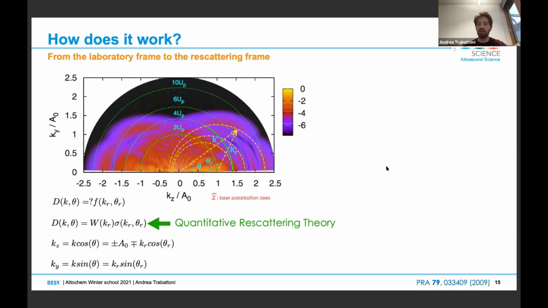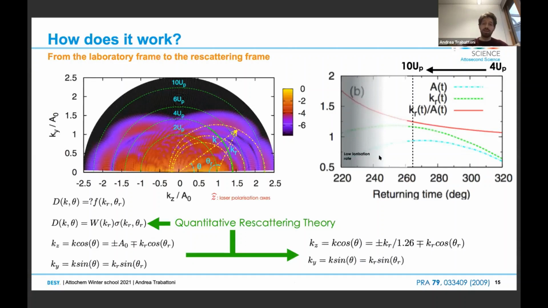But fortunately, in the strong field interaction, the ratio between Kr and the vector potential is relatively flat. So we can replace this A0 with a fraction of the momentum at rescattering, as a good approximation, and finally having our good change of basis, so we can analyze our experimental distribution in the rescattering frame and build our differential cross-section of scattering.